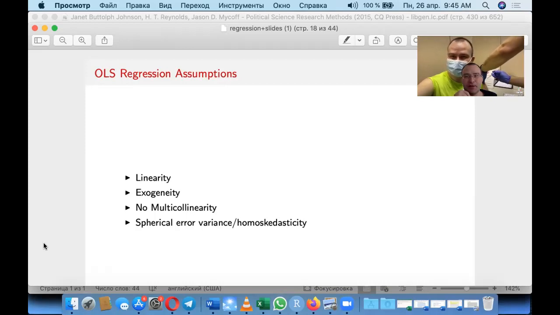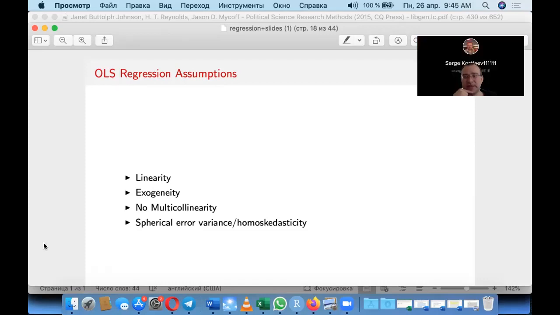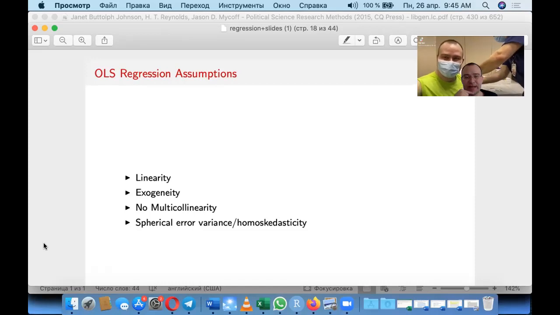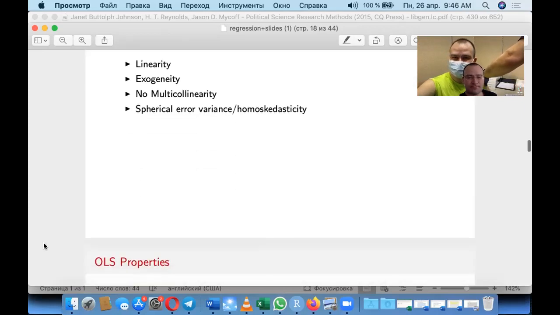If they're correlated, you probably have to drop one of the variables to avoid this multi-collinearity. Another assumption of linear regression is homoscedasticity. What it means is that errors are the same across all values in your distribution, so they are not different in different parts of it.